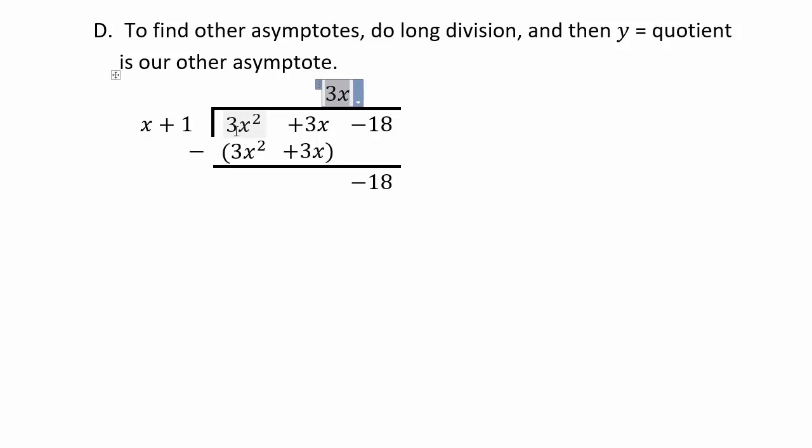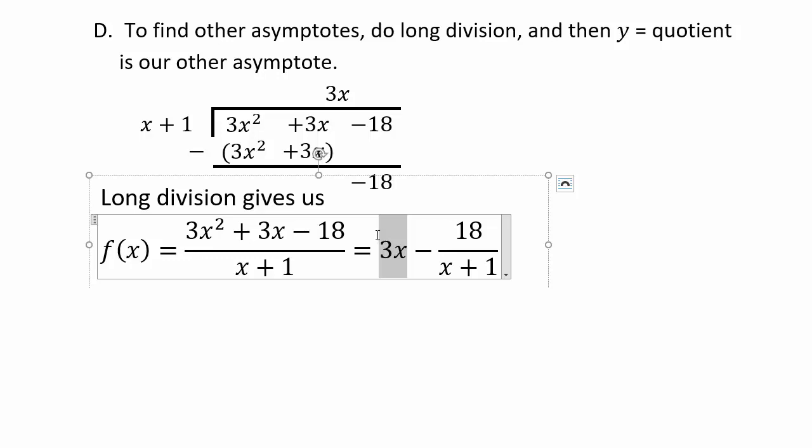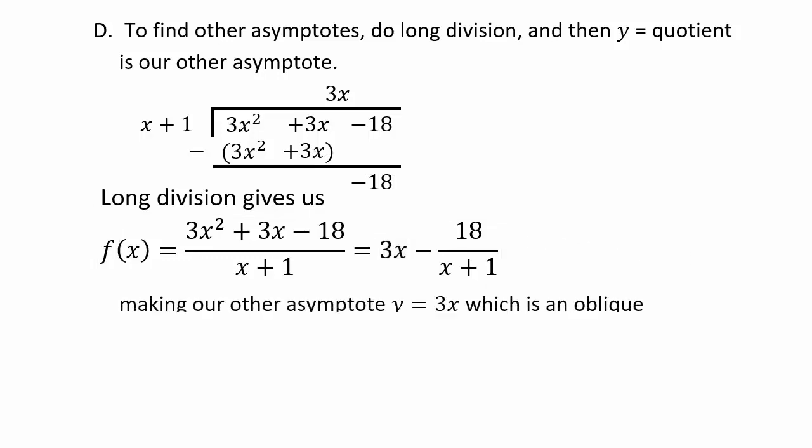When you do subtraction, you will end up with negative 18. So y equals 3x is going to be our oblique asymptote, and 18 is the remainder. 18 set to 0 means there are no intersections between the oblique asymptote y equals 3x and the original function.